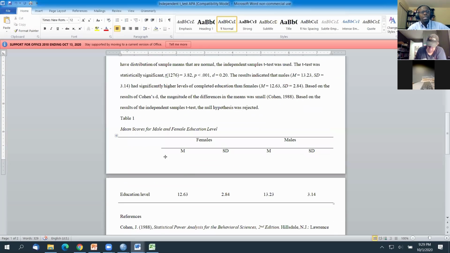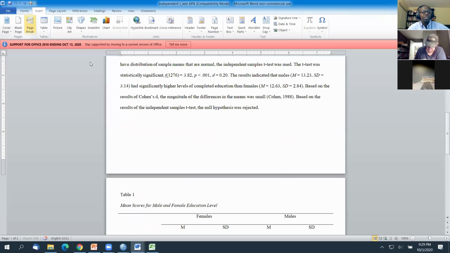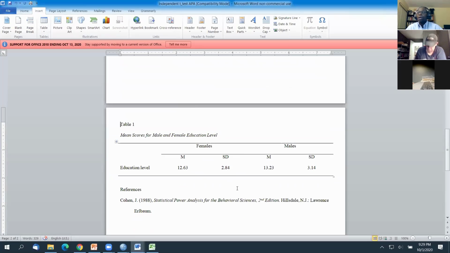Now, let me show you what this table is, and you're going to get this as well. Let me just create a page break so we can see this. So now, the table, this is an APA table.